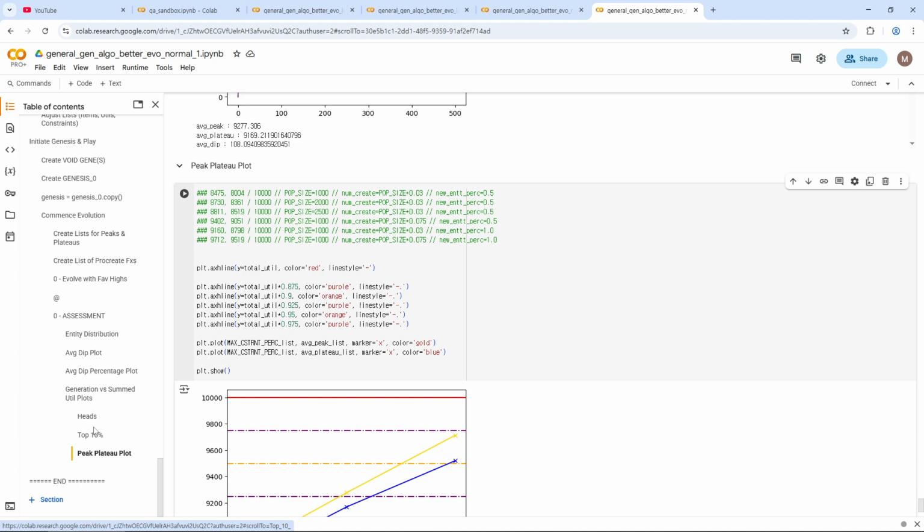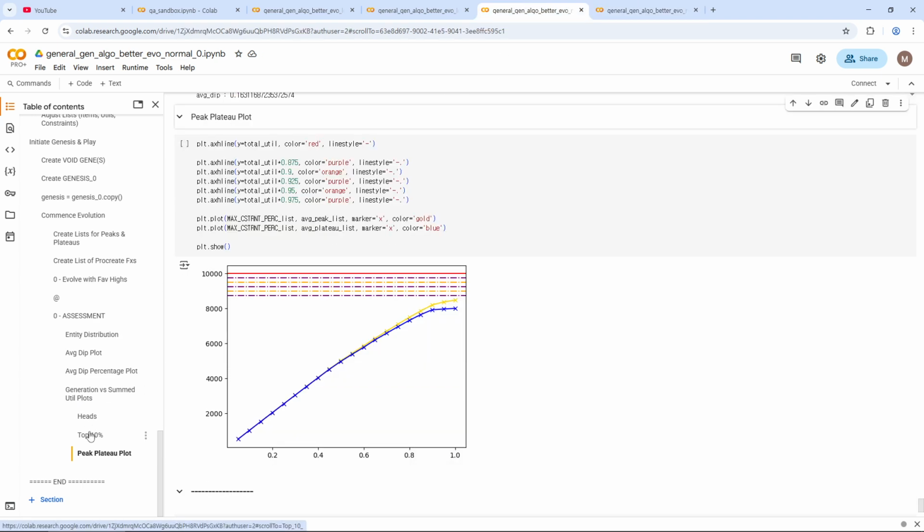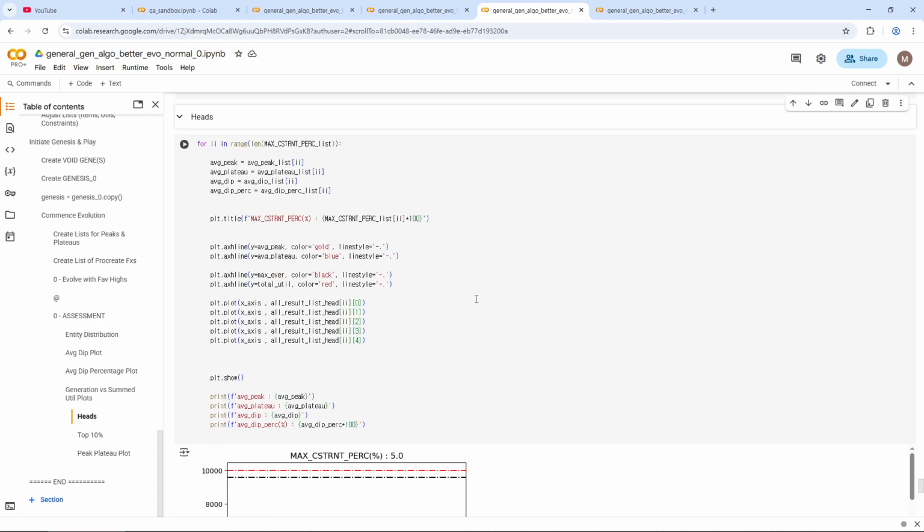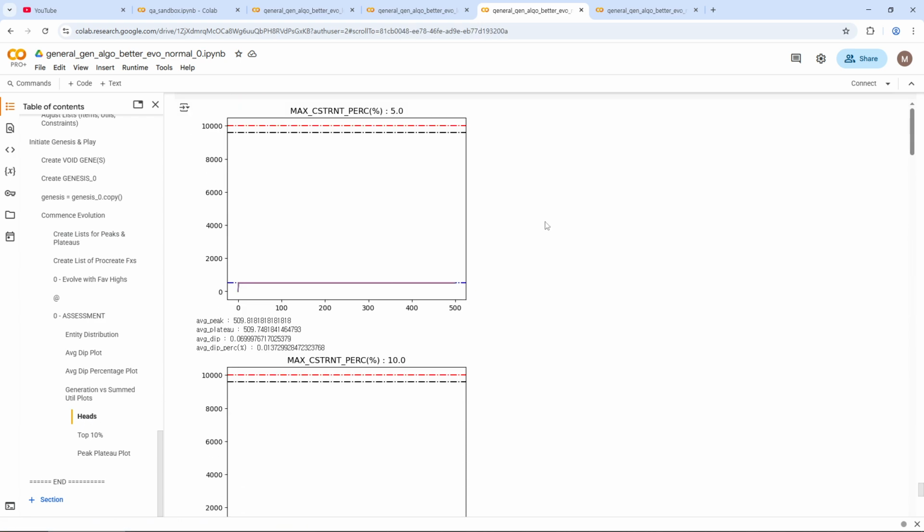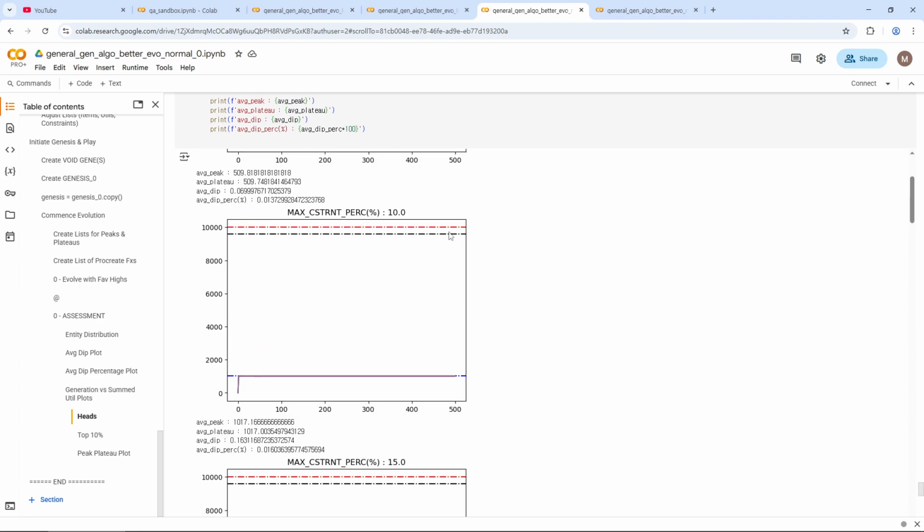Another proof of how that happened is when I look at the heads for the summed utility plots. The black line is the maximum ever, this is from yesterday, and the red line is the total sum of utility. This plot tells us that no entity has ever hit the ceiling. It has never equaled the true maximum that it could get.